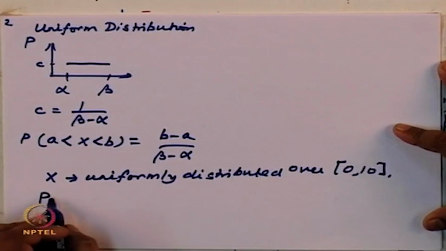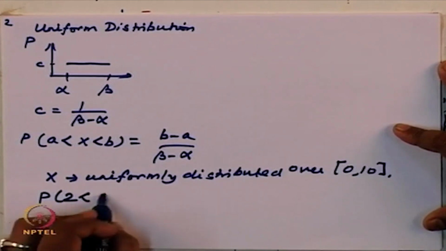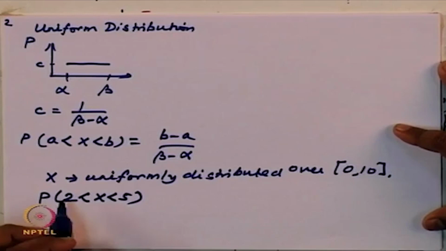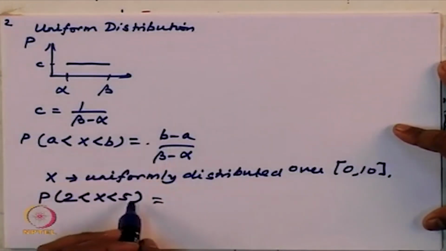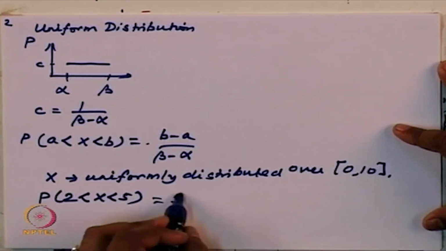Let us say you want to calculate the probability of 2 less than x less than 5. As you know from this example, b is equal to 5, a is equal to 2.